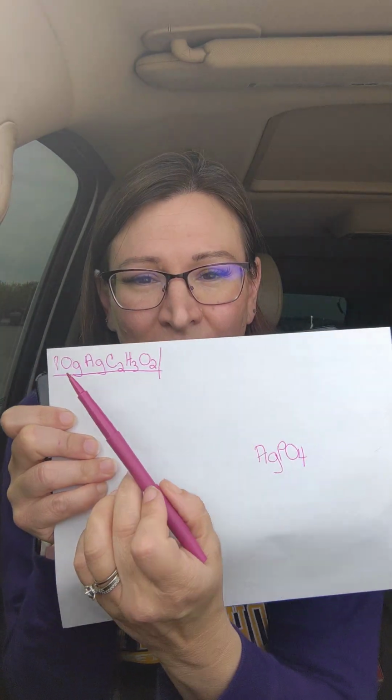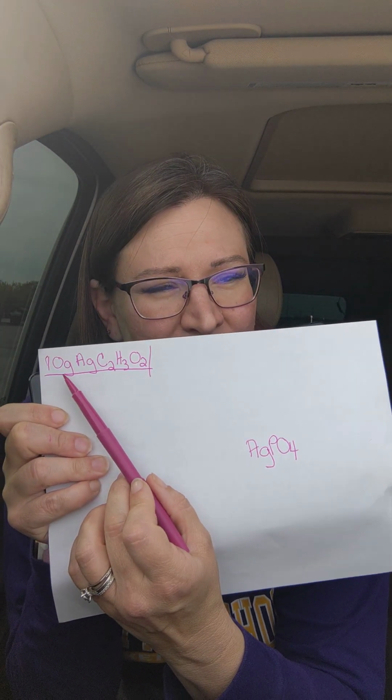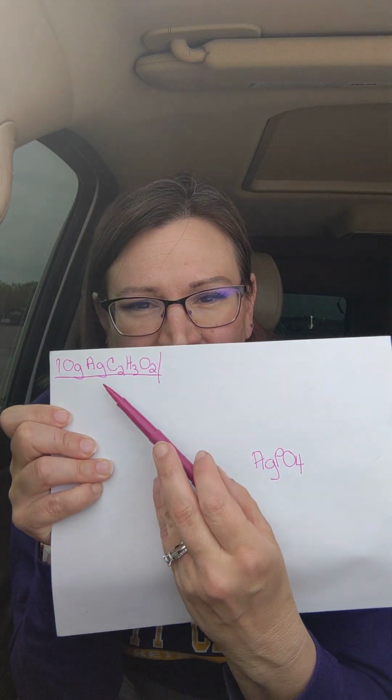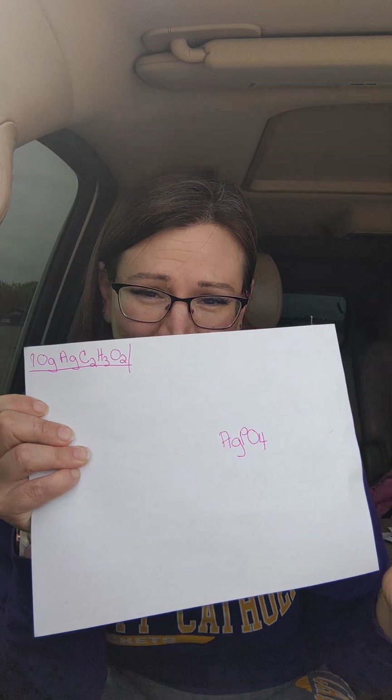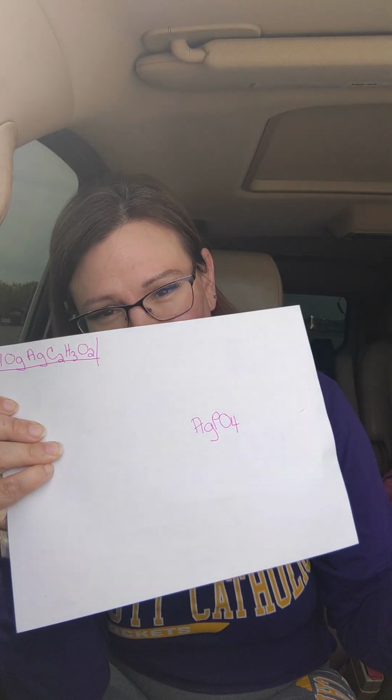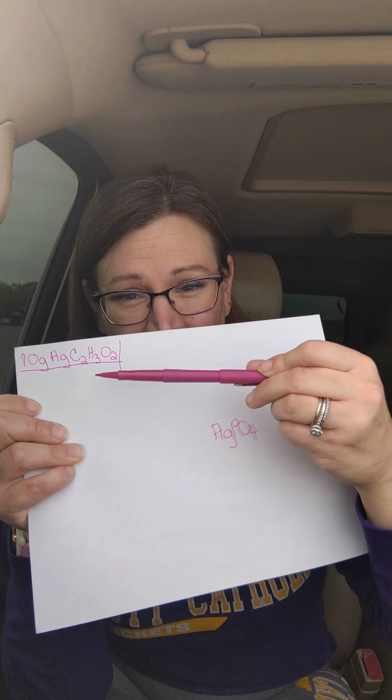All right, let's get back to the problem. We're starting with what we know. We've got 10 grams, which of course I made that look like 70, but it's 10 grams of silver acetate. Again, what do we know that's associated with grams? That's the molecular mass of that compound in 1 mole.